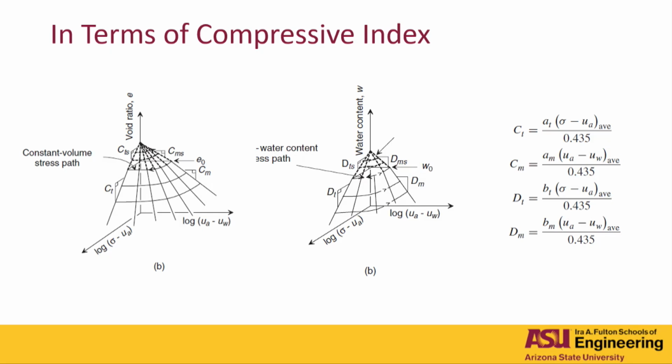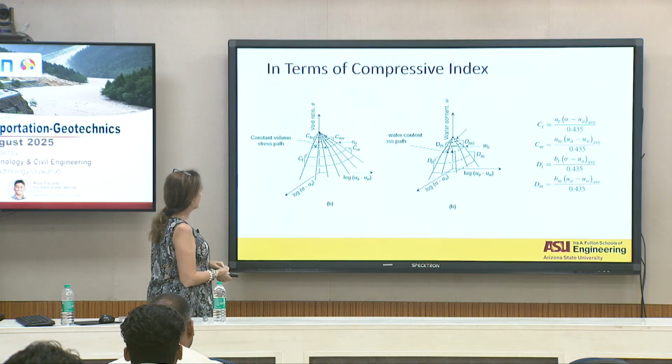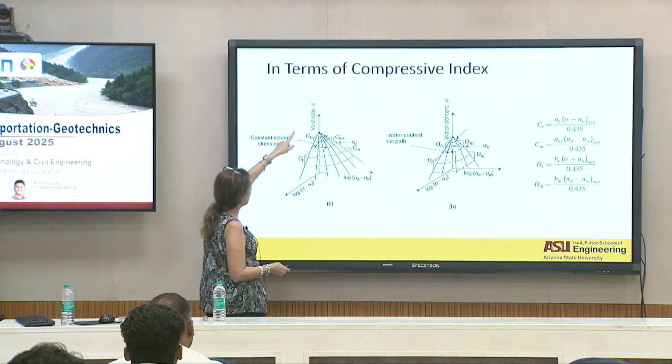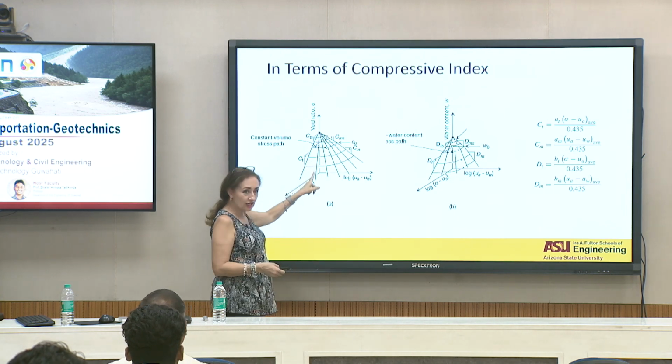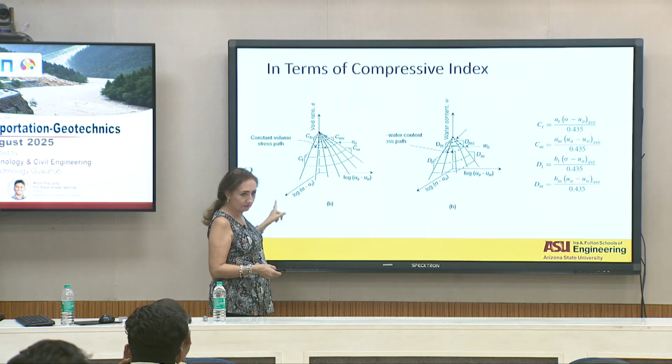Now, when we get into the compression index, we use the log scales in here. Now remember, the one that you'll be very familiar with is the change in void ratio versus the change in stress, right?